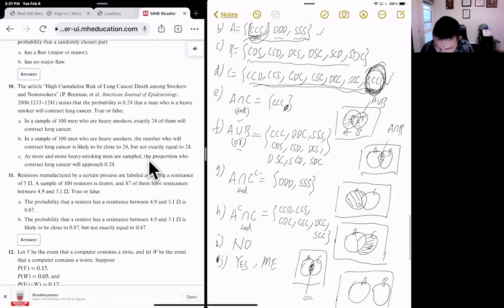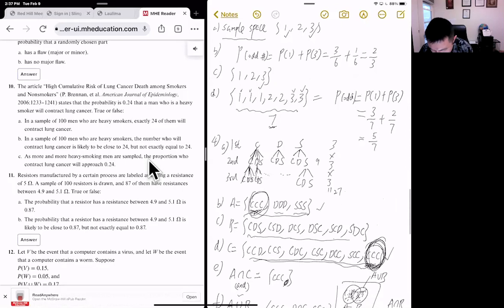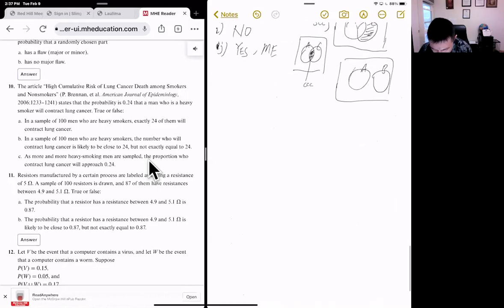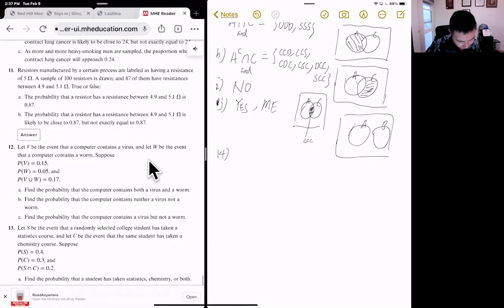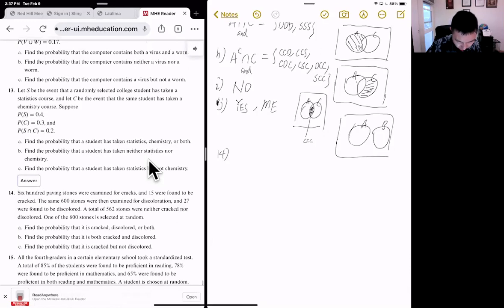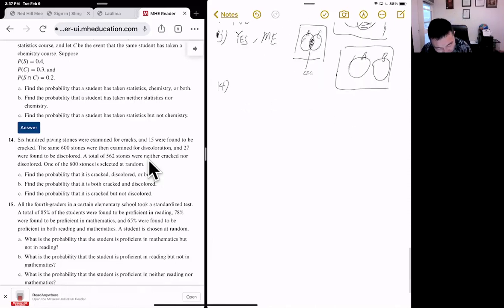Question number 14. 600 paving stones were examined for cracks. 15 were found to be cracked.